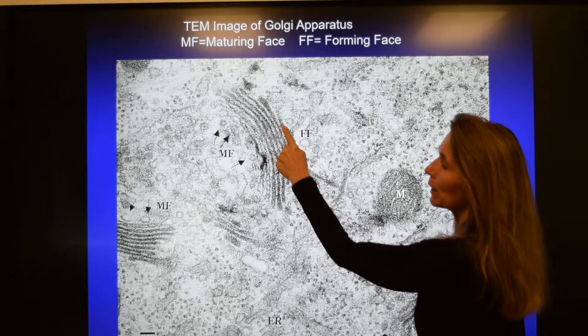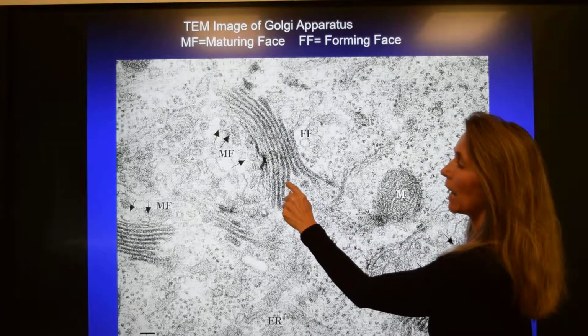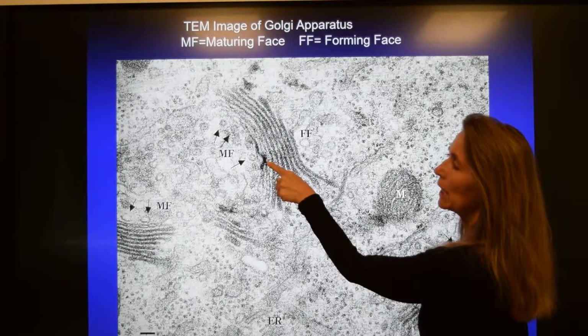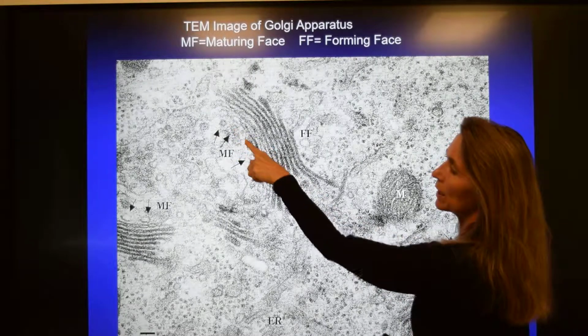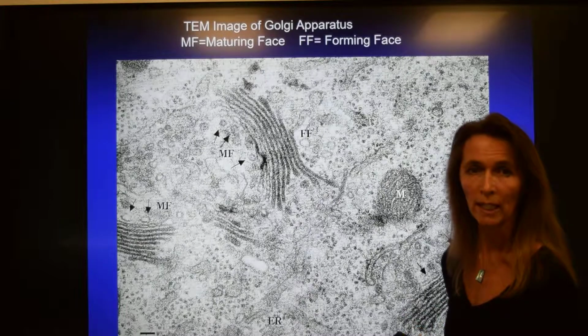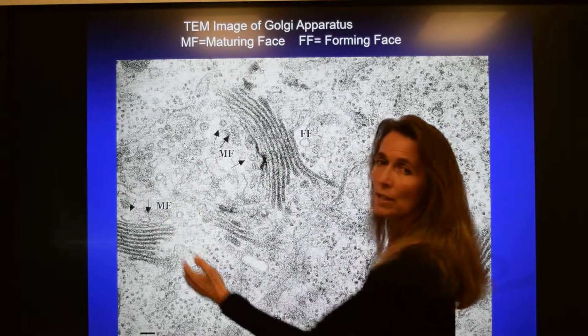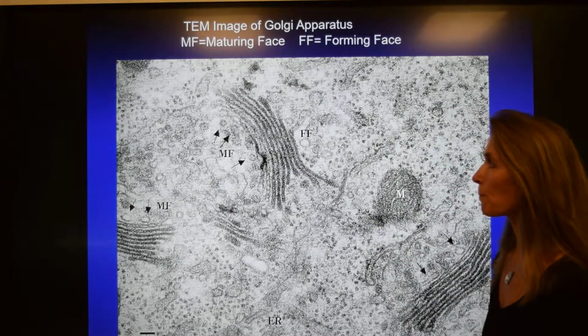They now migrate throughout those stacks, membranous stacks, throughout those cisternae, and are being modified and packaged. Here at the maturing phase, where you see the arrows, is where they are being released, those vesicles that contain those molecules, and are now being transported throughout the cell to their target areas.